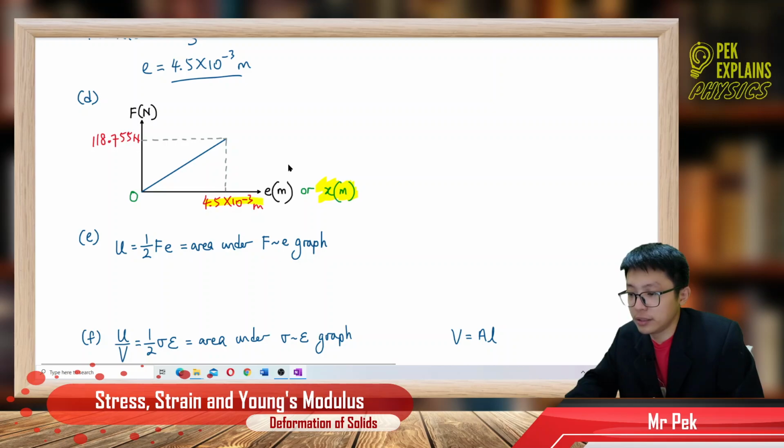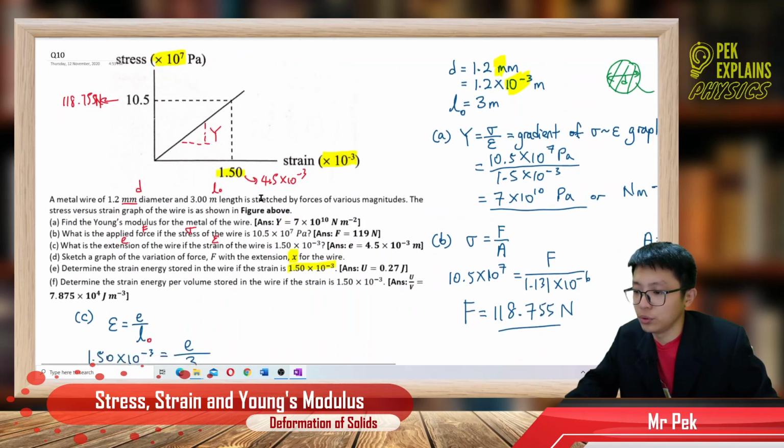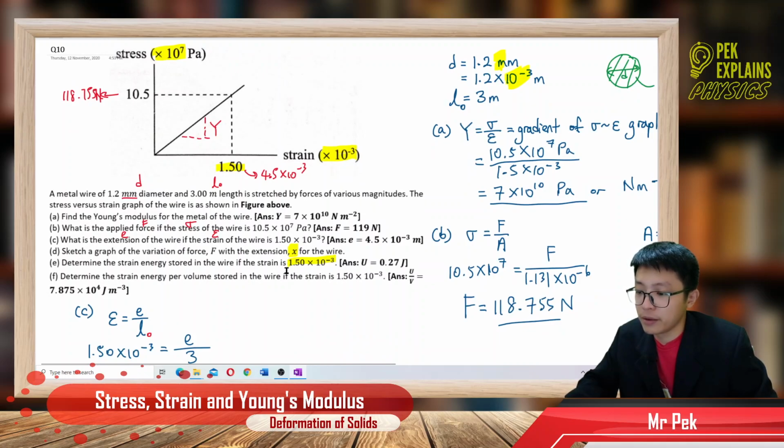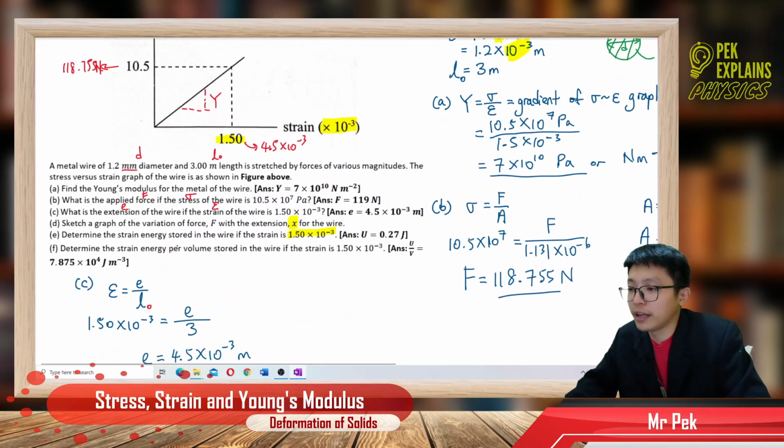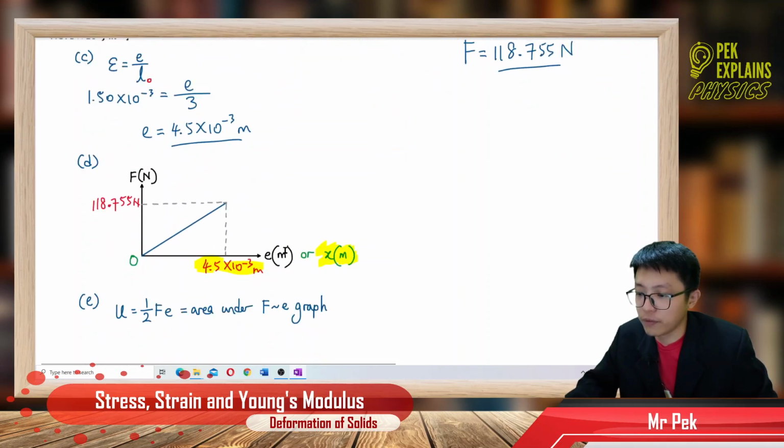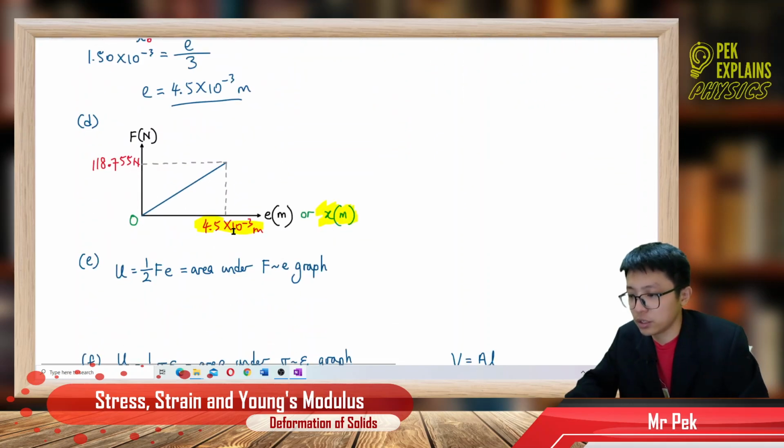If given this strain 1.5, what is the strain energy stored? So I want to find U for this given strain, which corresponds to 4.5 elongation.